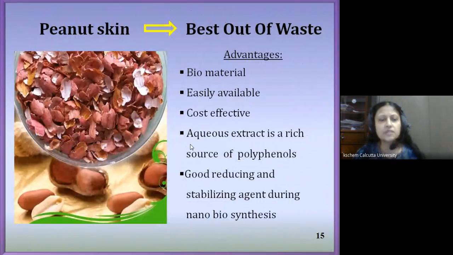We have chosen peanut skin because we thought that peanut skin would be best out of waste, and the biomaterial, it is easily available, cost effective. Aqueous extract is a rich source of polyphenols and is a good reducing and stabilizing agent during nanobiosynthesis.